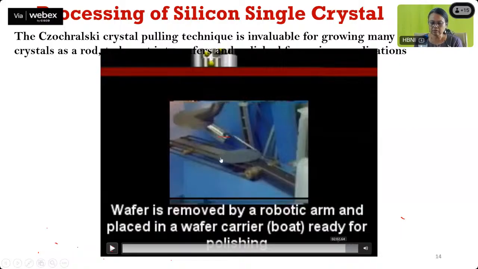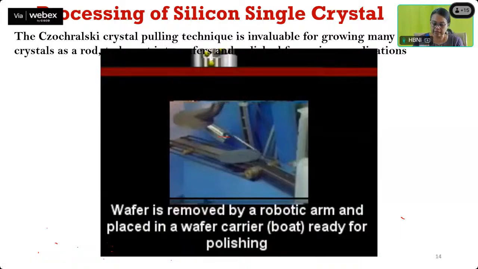So this is the wafer, your silicon wafer. Then these sliced wafers are polished and then your IC deposition is there, whatever kind of ICs are fabricated. This is all done by robots, with minimum human intervention, with conveyor belts.